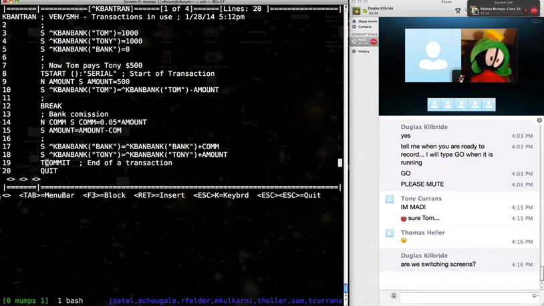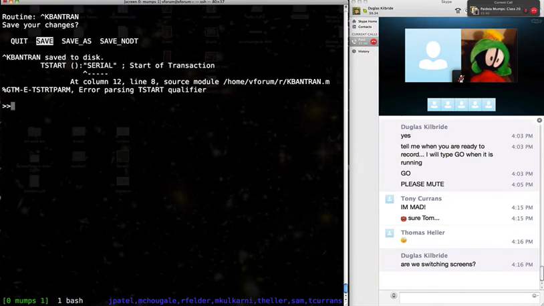All right, let's go ahead and save this. Okay, let me look in my quick MUMPS pocket guide to make sure I type the syntax correctly. Because I could swear serial is either in quotes or not in quotes. TSTART, TSTART, TSTART. Here's use, set, TSTART.